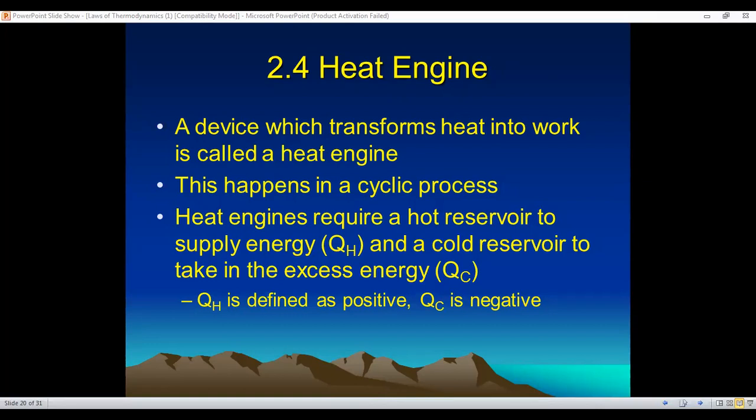The system which produces the heat is QH, and the other is QC. QH is defined as positive and QC is defined as negative, because QH generates the heat and QC receives the heat.